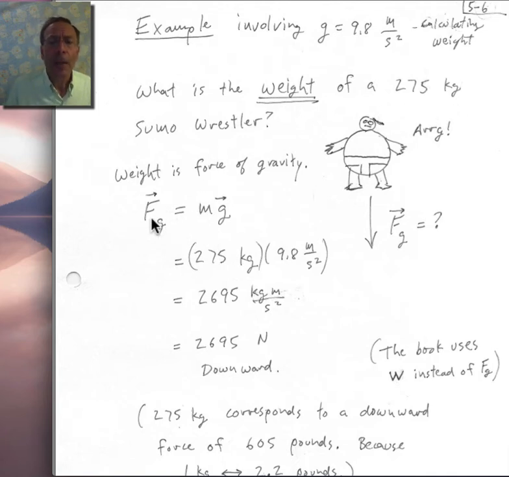Okay, so here's how we do it. The downward pull of gravity is mass times gravity. Right, so this formula here, let's go with green. This formula here is a variation on the formula F equals ma.